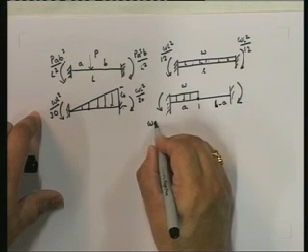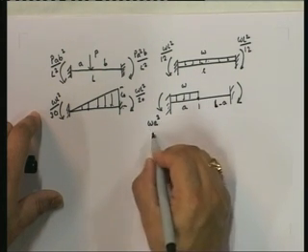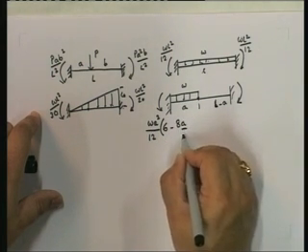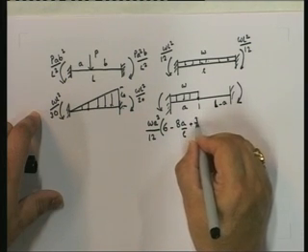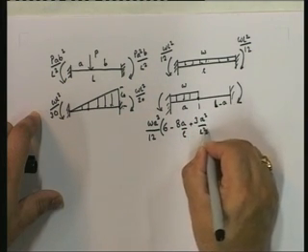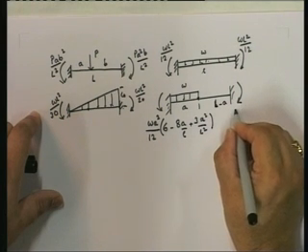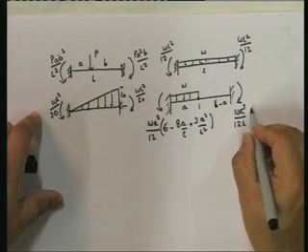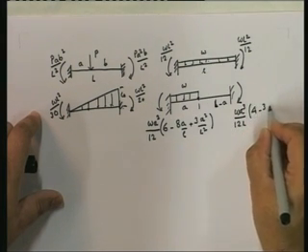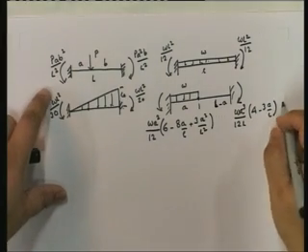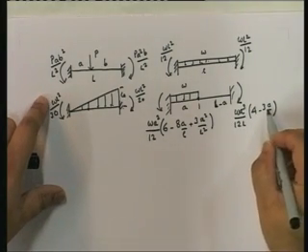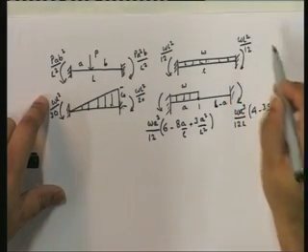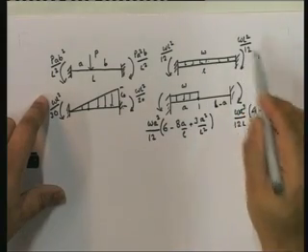This is equal to W A squared upon 12, 6 minus 8A upon L plus 3A squared upon L squared, and this is W A cubed upon 12L, 4 minus 3A by L. Satisfy yourself that if you put in A equal to L, then you're going to get this.